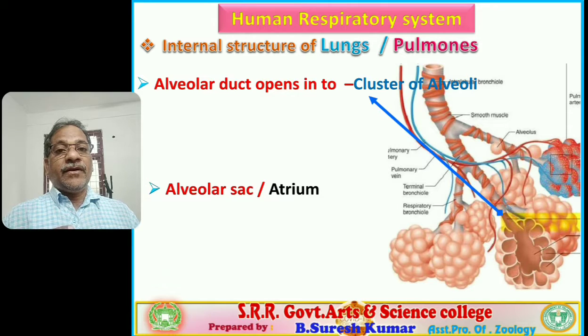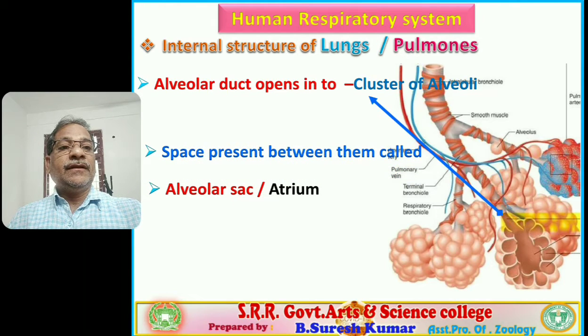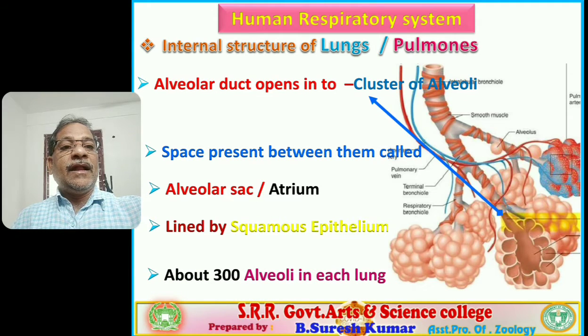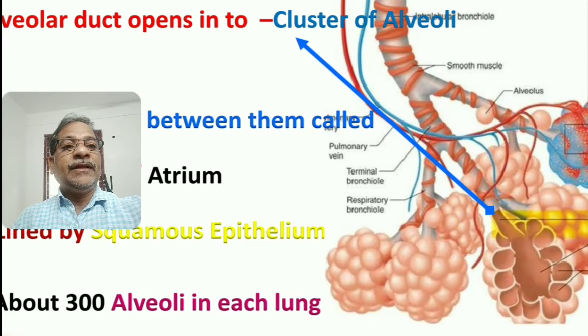The cluster of alveoli centrally has a wider cavity space that is called the alveolar sac, otherwise atrium. Observe. The alveolar sac is lined by squamous epithelium.